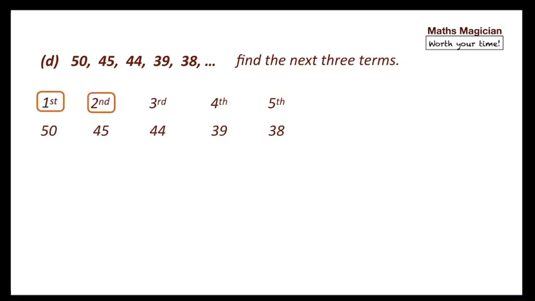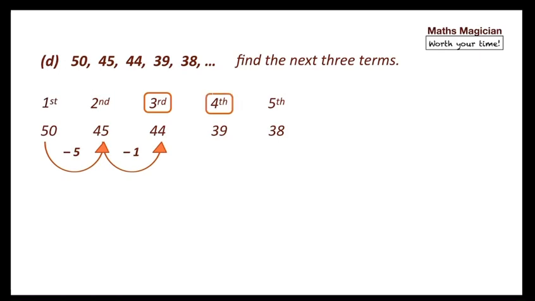Fourth sequence: for this sequence, we have to find the next three terms. We write the sequence again with its term numbers. This sequence is a little different from the previous ones. Let's look at the sequence. Take first and second terms. We have to subtract 5 from the first term to get second term. Now take second and third terms. Here we see that we have to subtract 1 from the second term to get third term. Now take third and fourth terms.